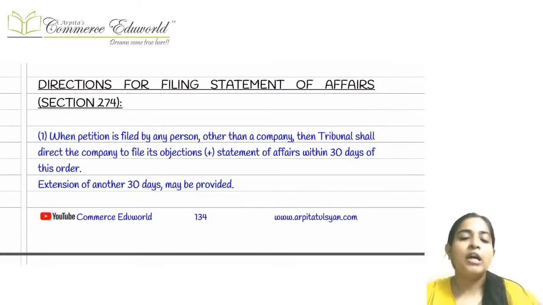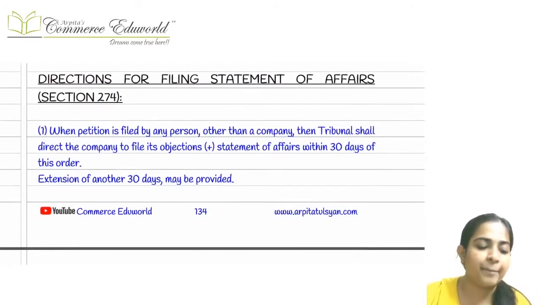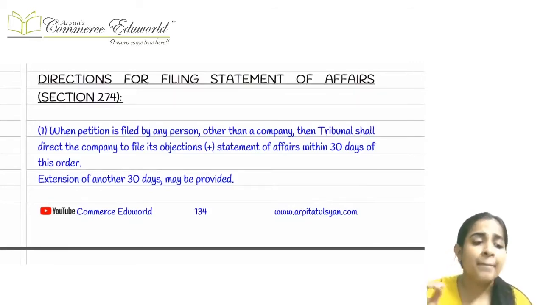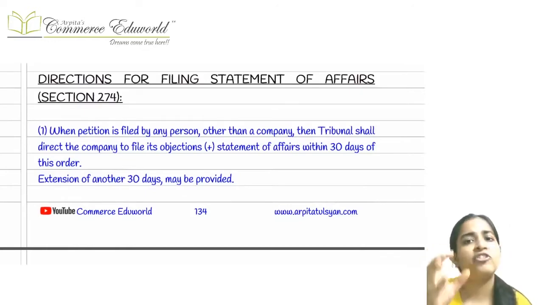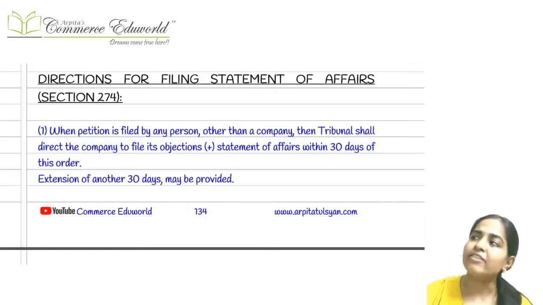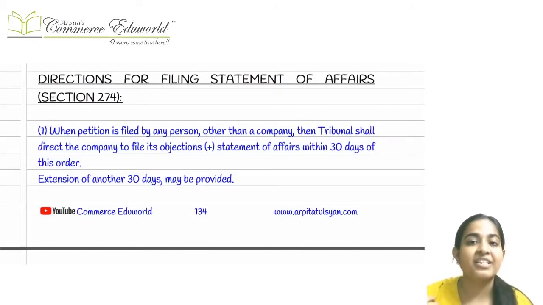Okay, now listen, say for example the petition was filed by the ROC, or by the CG or SG, that is any person other than the company. If the ROC filed a petition against me that my company should be wound up, then the tribunal will tell me that against your company we have received a petition.